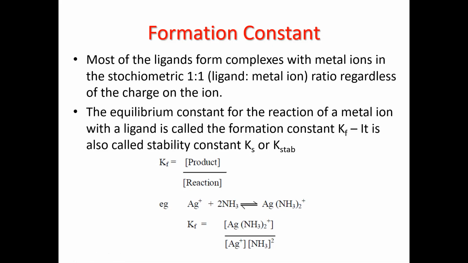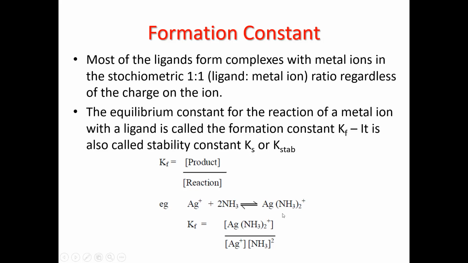So we can easily calculate the equilibrium constant for the formation, which is called the Kf, and is also called the stability constant, which is also called Ks or K stab. And that is, the formation constant is the concentration of the product divided by the concentration of the reactants.